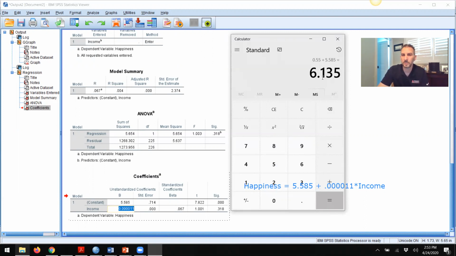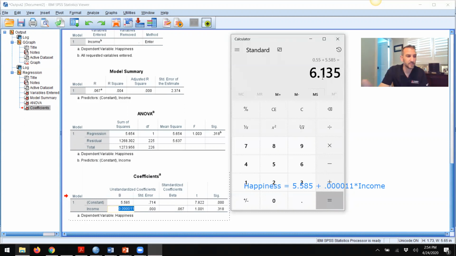I don't know what the scale is, but maybe let's say it's out of 10. So I'm a 6.14 if I have an income of 50,000. And if you recall, my happiness would be a 6.68 if I had an income of 100,000.